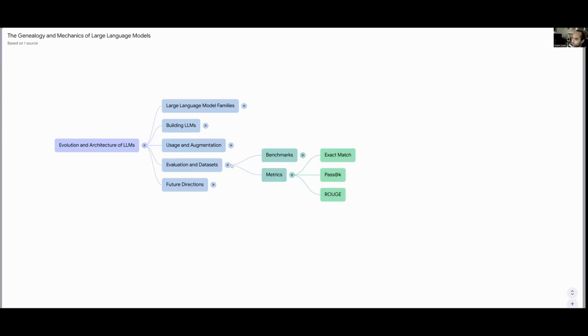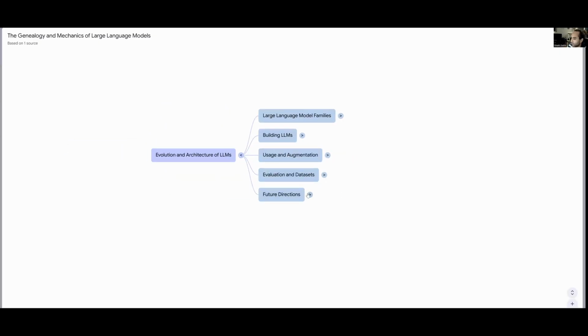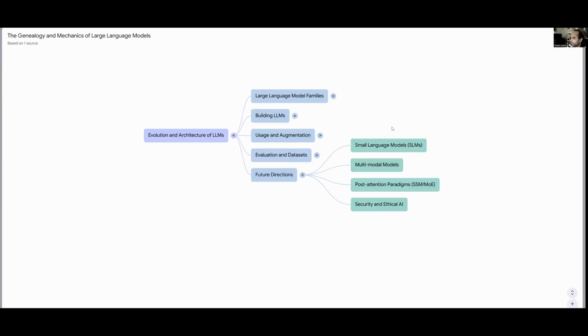Now, let's take a look at future directions in this field. It's to be noted that small language models, or SLMs for short, are emerging because, being smaller, they are more efficient and cost effective, either in training or inference.